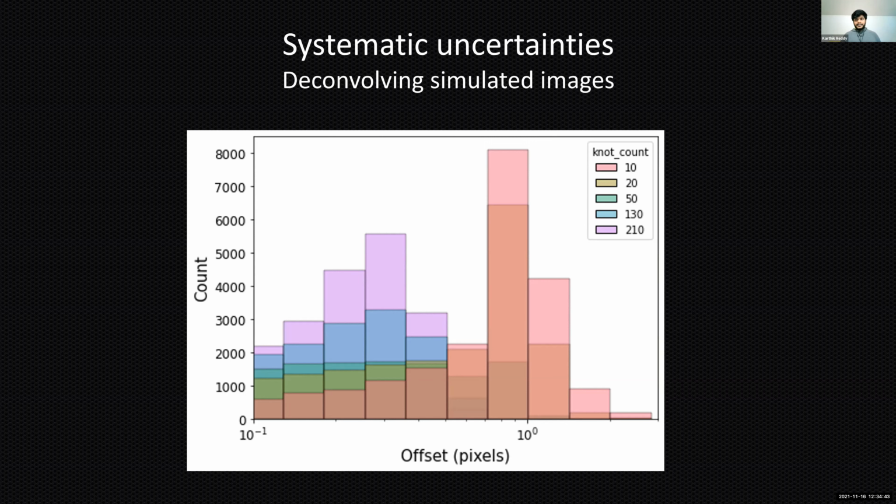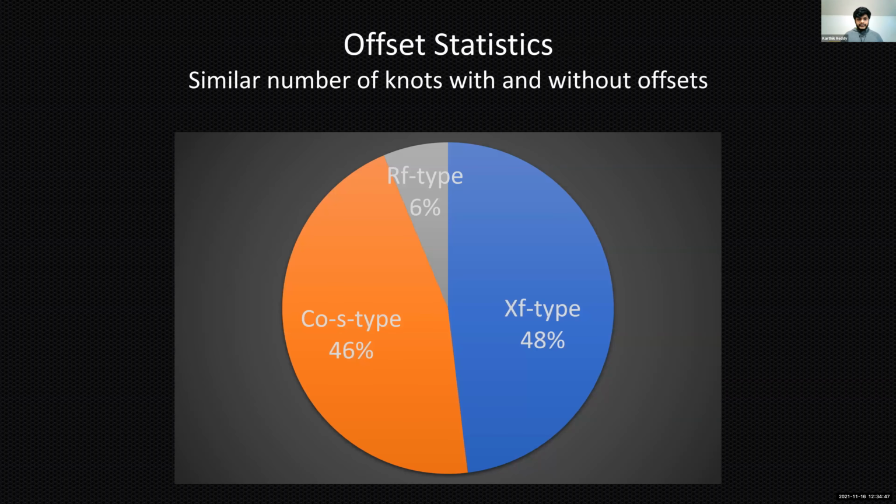So I'll discuss some results that I found from this offset analysis. One thing I found was that in roughly half the number of knots, the X-rays peak and decay before the radio. I denote them as the X-ray first, or XF, type. In nearly an equal number of knots, they don't show any significant offsets, and in only a small percentage of knots, the X-rays appear to peak beyond the radio.